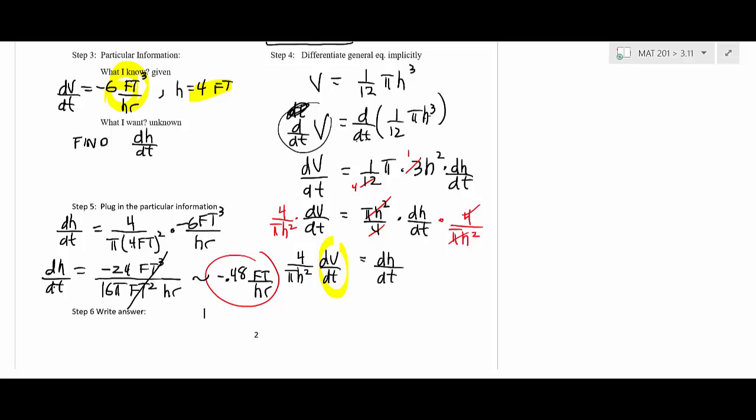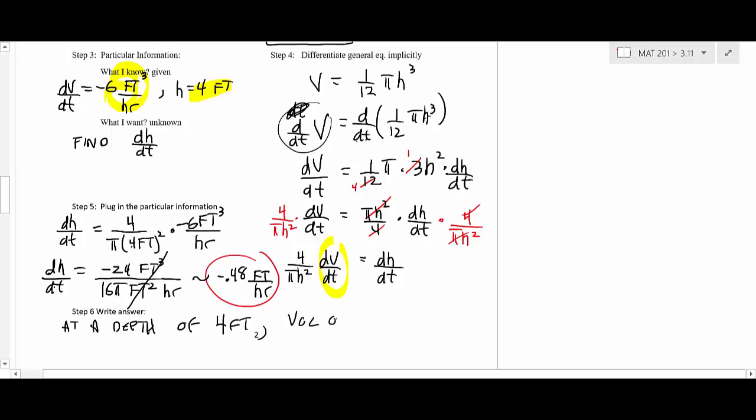Okay? So when we write the answer to the problem, it goes like this. We would say basically, at a depth of 4 feet, we would just say the depth, not the volume, because remember we found dh over dt, so it's the height, the depth that is changing.